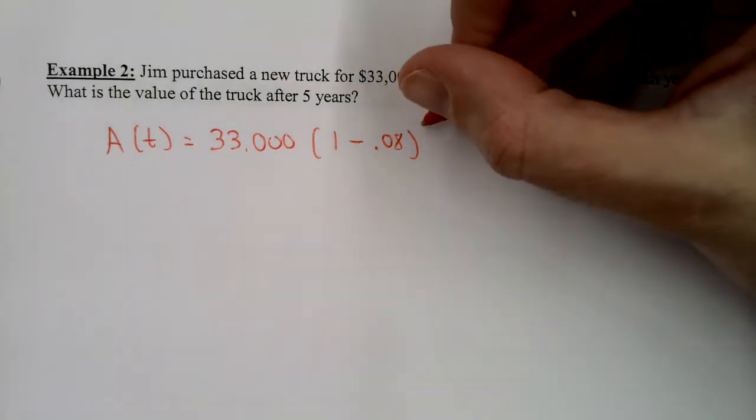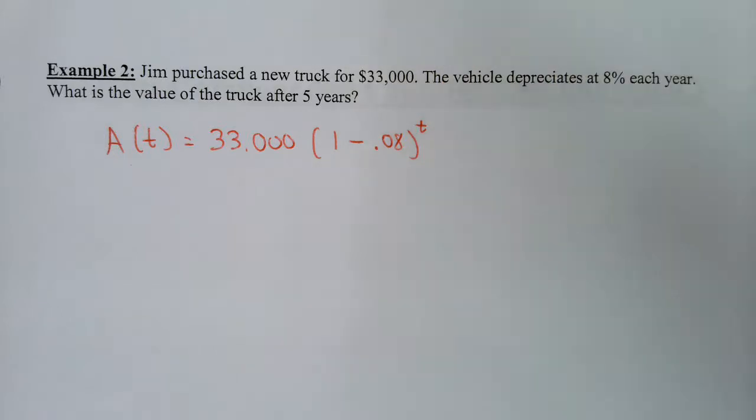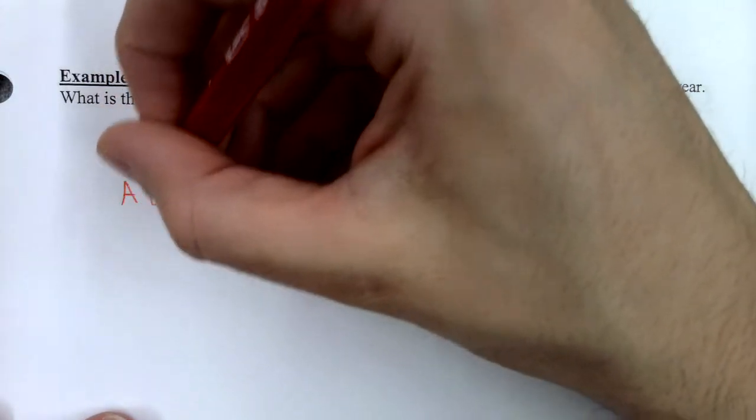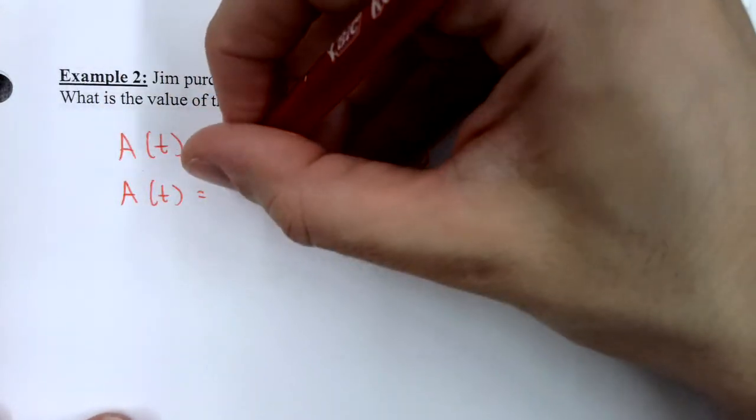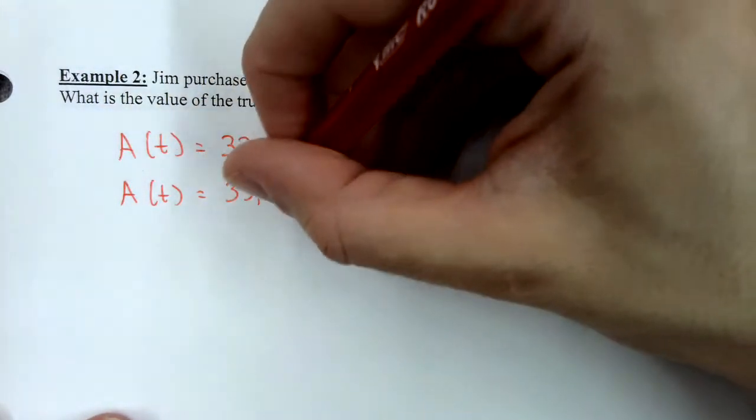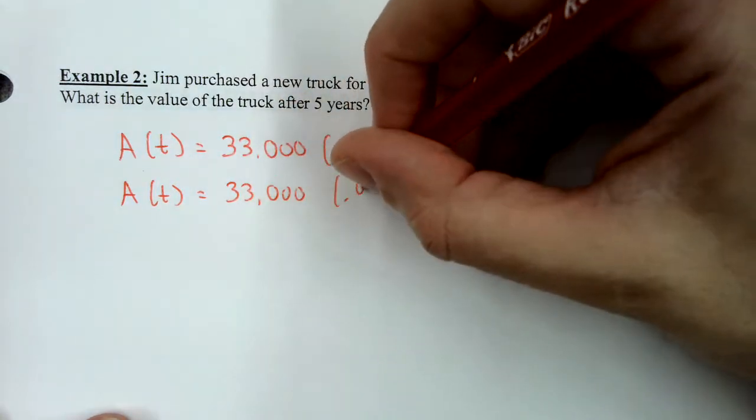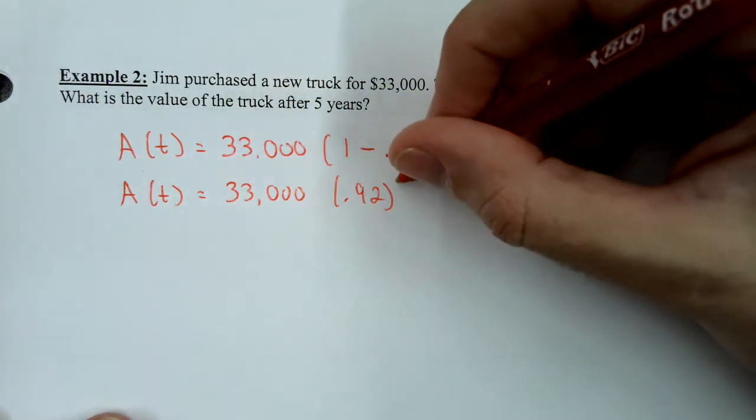And then to the t power. Now, let's simplify that a little bit. A of t equals 33,000 times 0.92 to the t power.